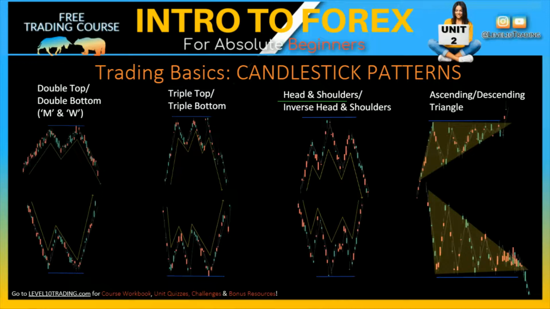Traders use this pattern to predict a possible bullish or bearish reversal. In this pattern, typically, the first and third peaks are smaller than the second peak, but they will all fall back to about the same level of support, which is the neckline.